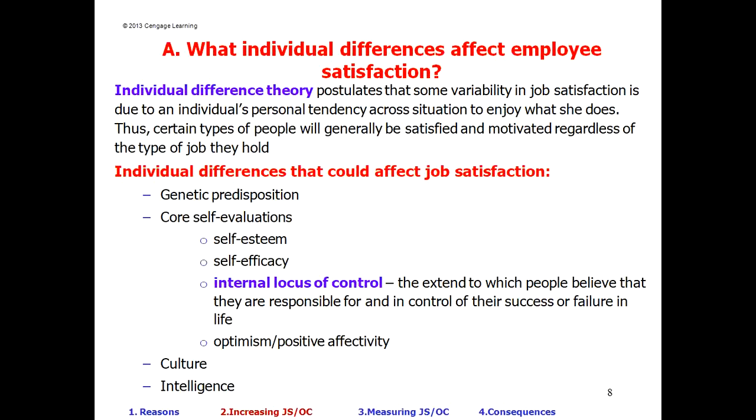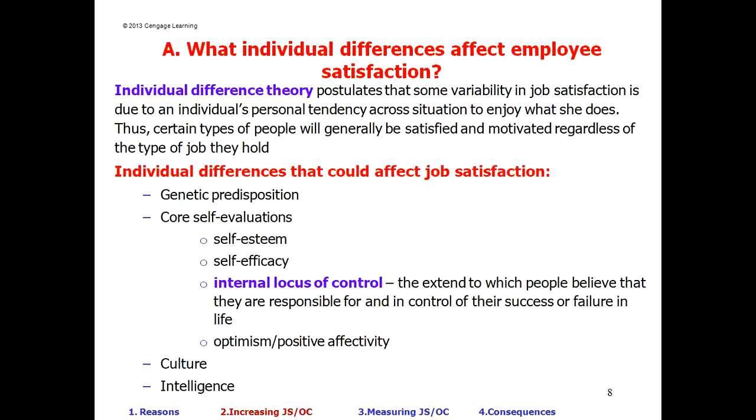Individual differences that could affect job satisfaction are genetic predisposition, core self-evaluation, self-esteem, and self-efficacy. This is concerned with the person's overall differences, that is, internal locus of control, the extent to which people believe that they are responsible for and in control of success or failure in life.